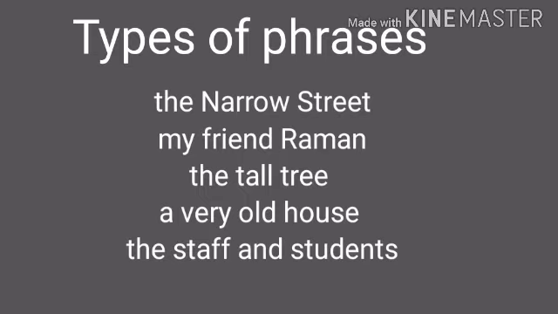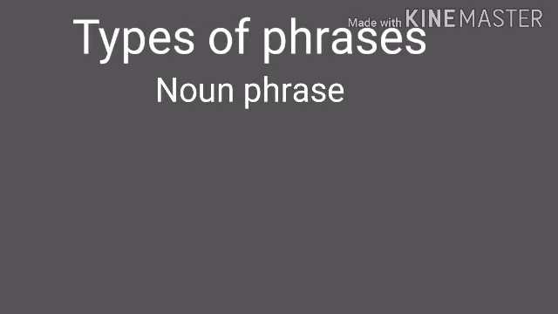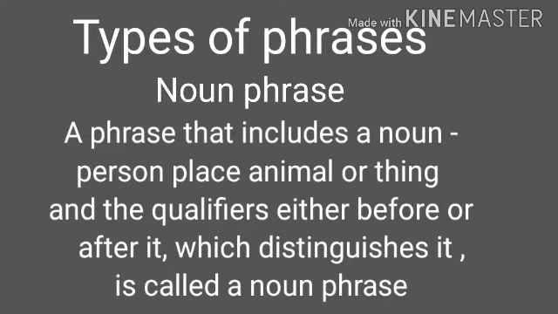Dear students, these are noun phrases because they function as a noun. So we can define a noun phrase as a phrase that includes a noun, person, place, animal or thing, and the qualifiers either before or after it which distinguish it.